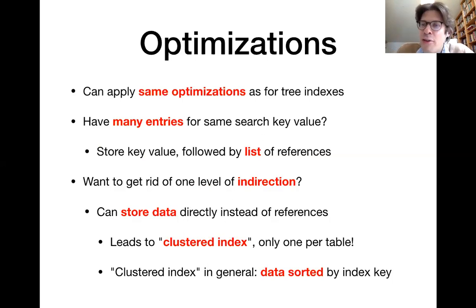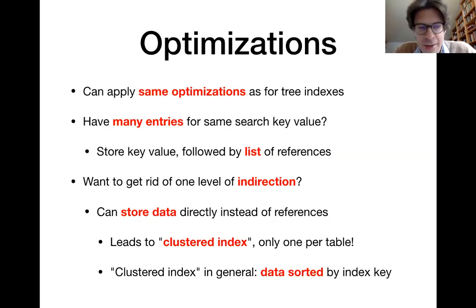So we have also that possibility for tree indexes. The advantage is that I store less redundant data. A disadvantage is that I might transform a fixed length entry into a variable length entry, and that means I would have to store additional metadata on my page in order to save where this list starts and where this list ends, for instance.